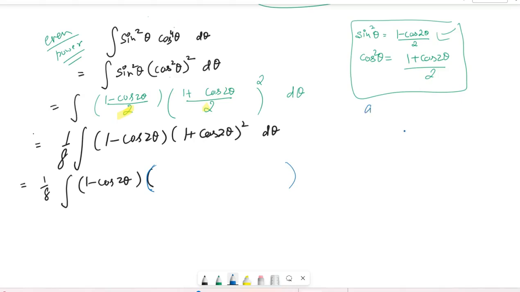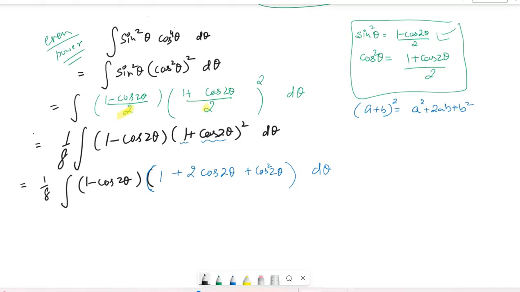If you guys remember the rule (a plus b) whole square from algebra, a squared plus 2ab plus b squared. So in this case, a is 1, b is cosine 2 theta. A square is 1, plus 2ab is 2 cosine 2 theta, plus cosine square 2 theta, d theta outside.